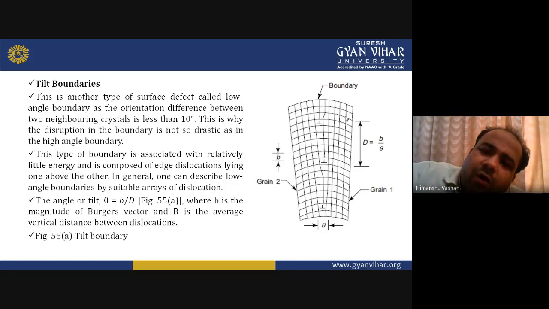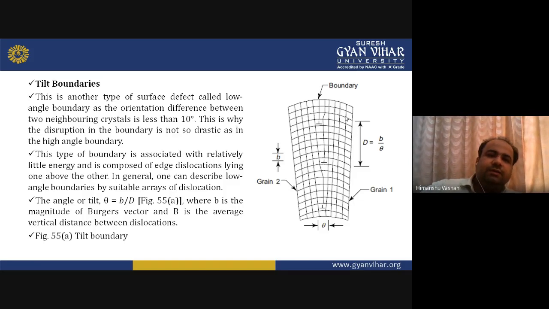You can see how different layers are entering from top to bottom in the diagram. The angle or tilt theta is b upon D, where b is the magnitude of the Burgers vector and D is the average vertical distance. So here you can easily understand how tilt boundaries can be described. We'll go with the next.